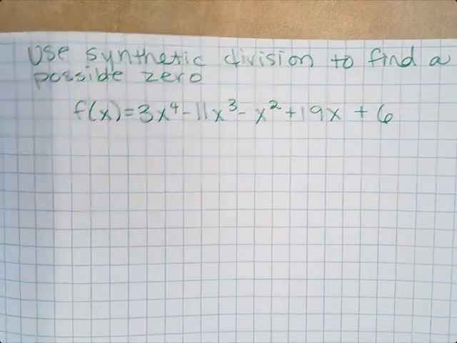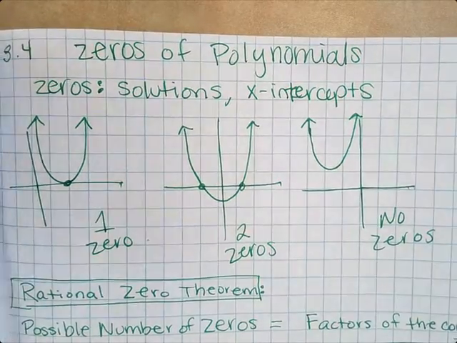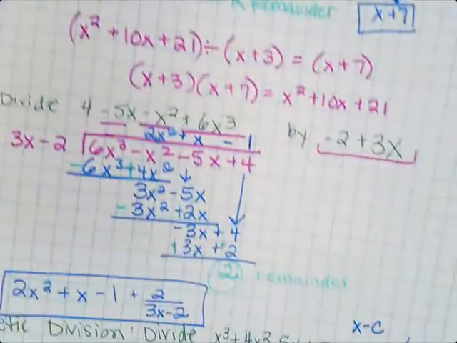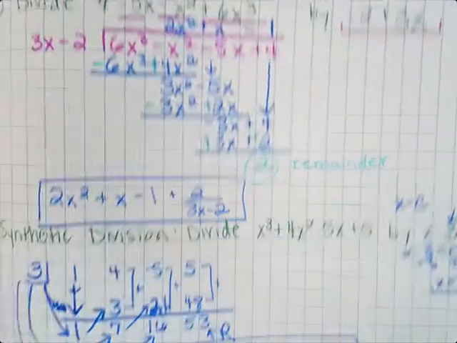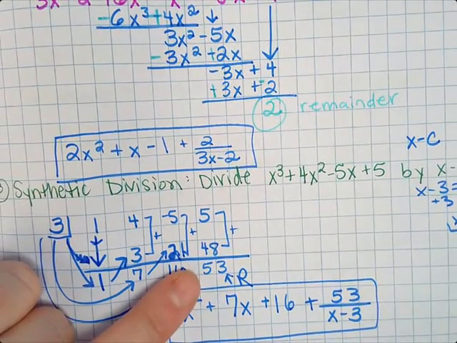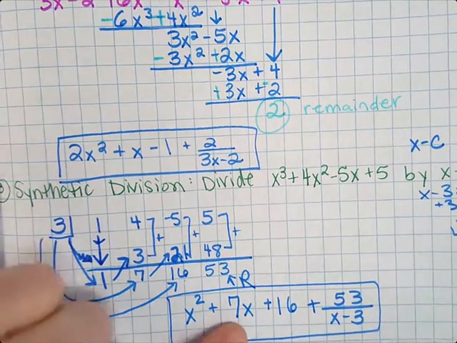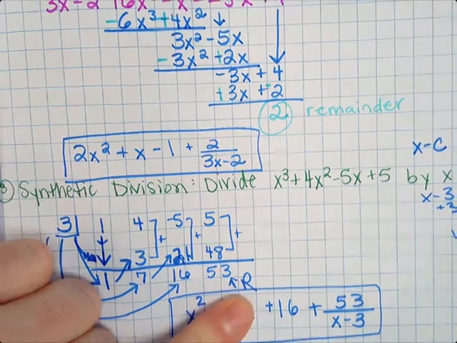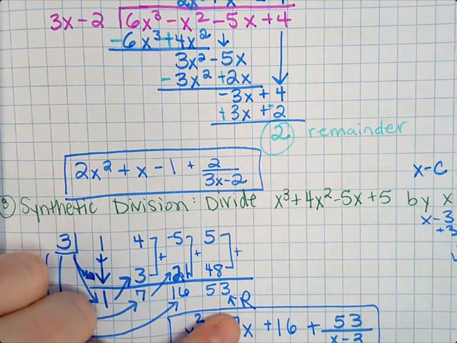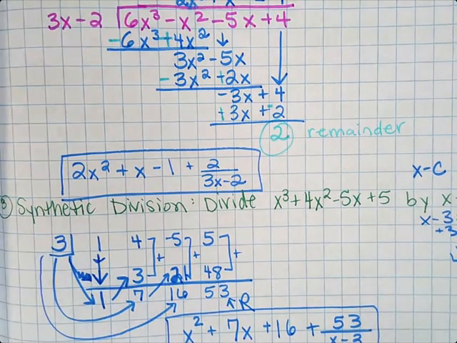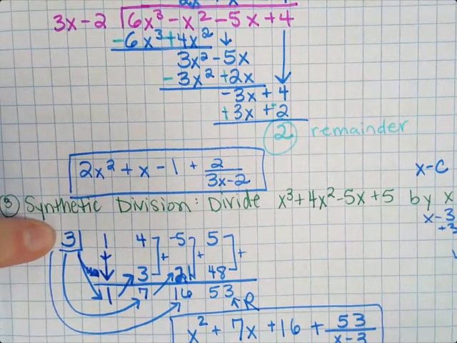Yesterday, when we used synthetic division, we determined that 3 was not a zero of it because you have a remainder. It doesn't divide it evenly. So anytime you have a zero remainder, then the number that you did over here would be your zero.